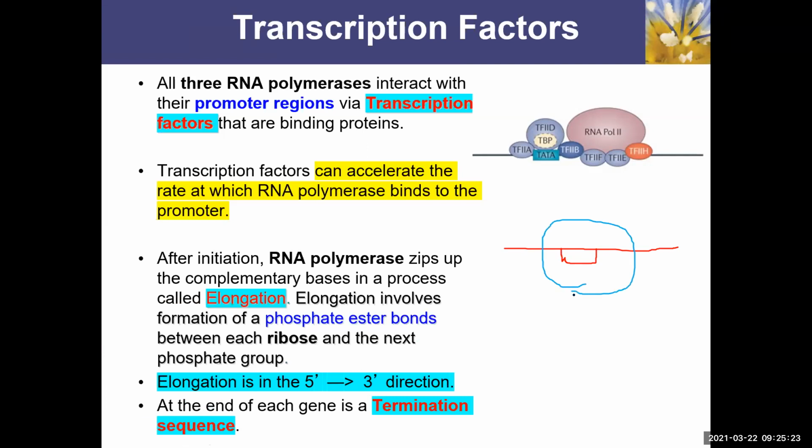But the problem with the eukaryotic RNA polymerase is that it cannot identify this promoter sequence. It is a little different in eukaryotes.